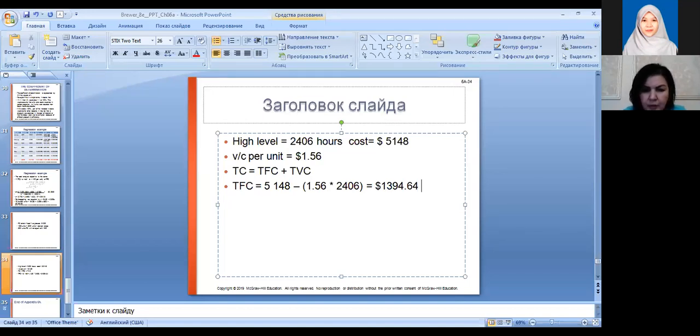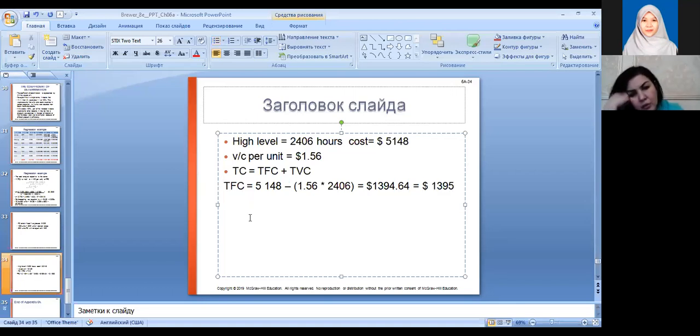So if we round it to the nearest dollar, it is $1,395. This is the easiest way, very easy to calculate total fixed cost when you know the total cost, the variable cost and the activity level. So, got the point?